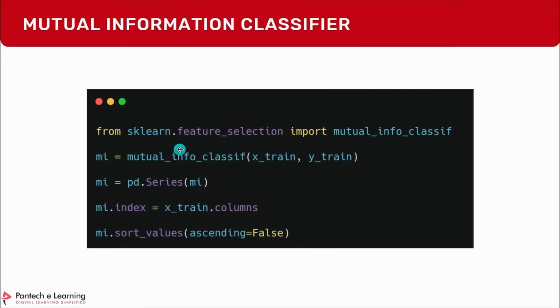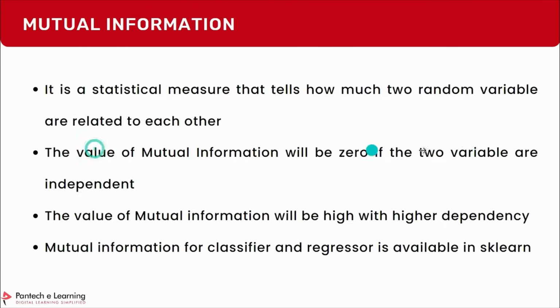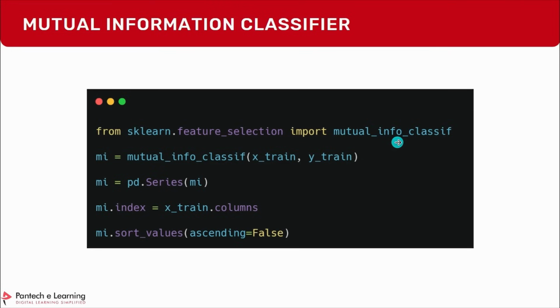So from sklearn.feature_selection, you can import mutual_info_classif for classification problems. For regression, you can go with mutual_info_regression. In mutual_info_classif, you need to pass your X_train and y_train values. Remember, you need to go through this mutual information classifier or chi-square test or ANOVA test after splitting your train and test parts.